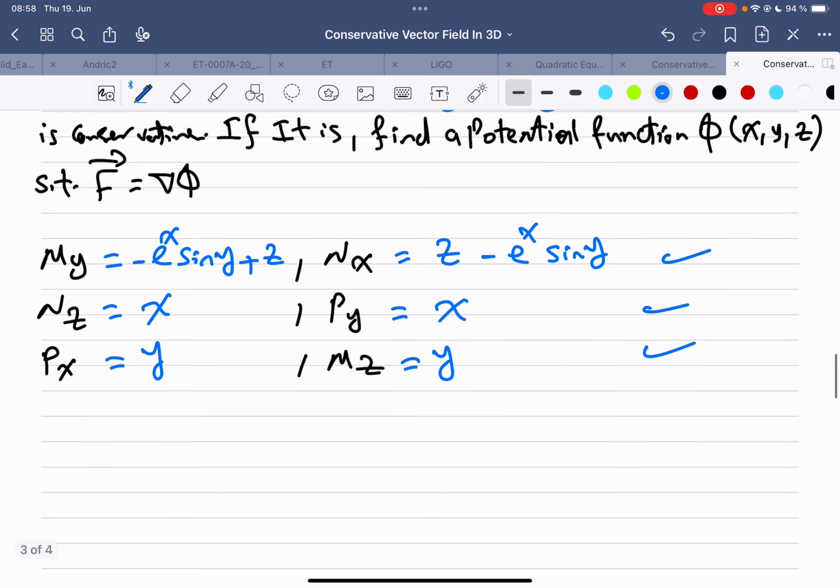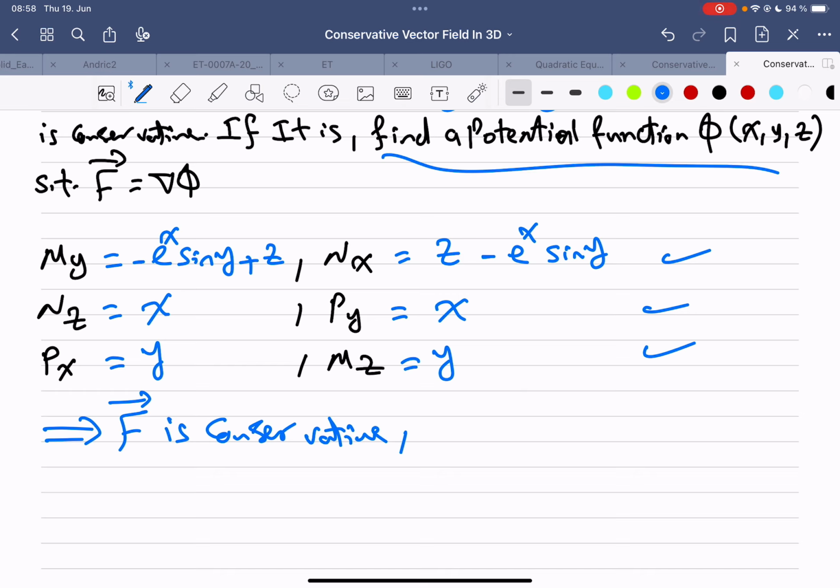So now f is conservative, and we need to calculate, or find, a potential function phi such that f equals the gradient of phi.